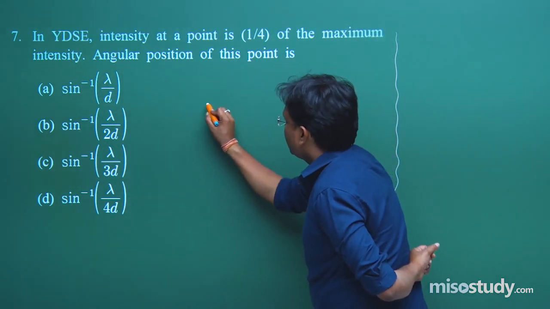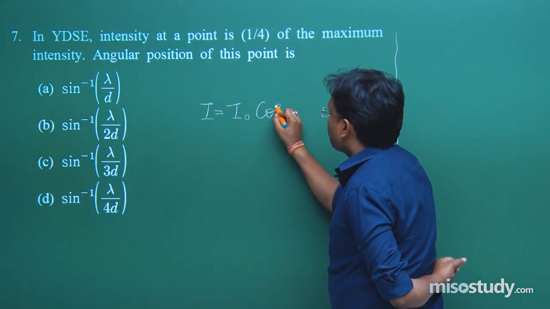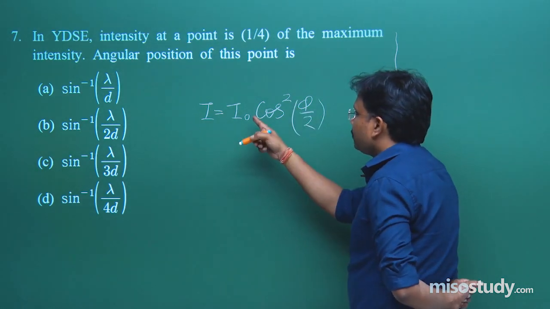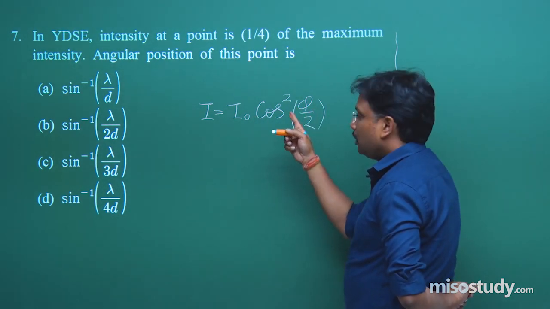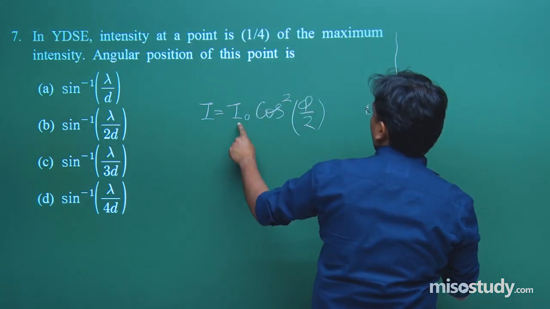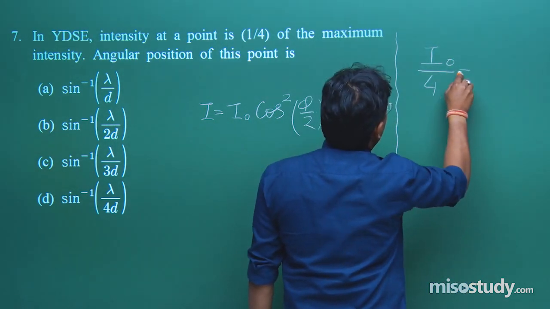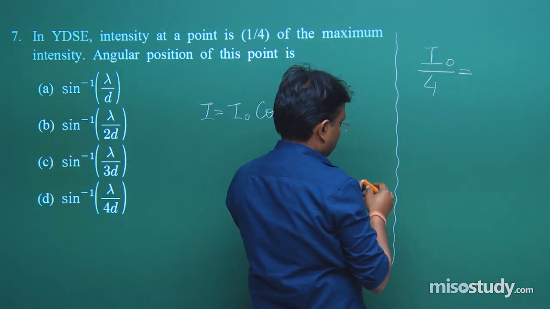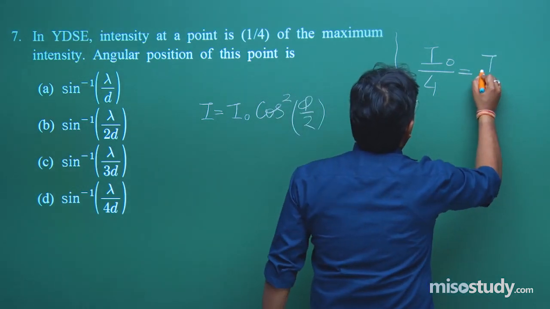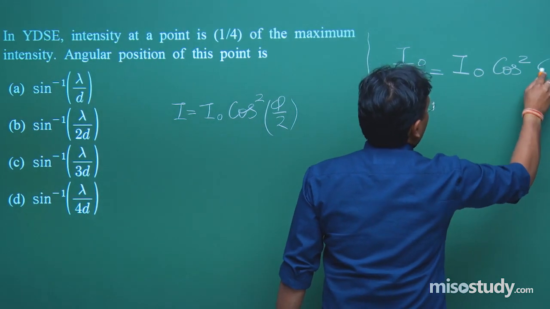One thing I would like to mention over here is I is equal to I naught cos squared phi by 2, the relation for intensity. So we will use this relation. And what is the value of I? I is I naught by 4, which is equal to I naught cos squared phi by 2.